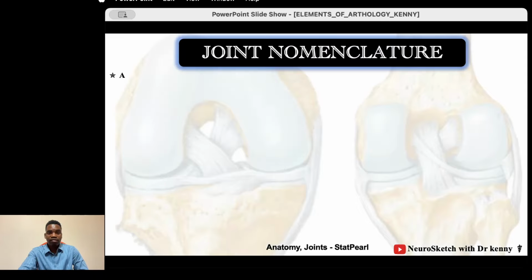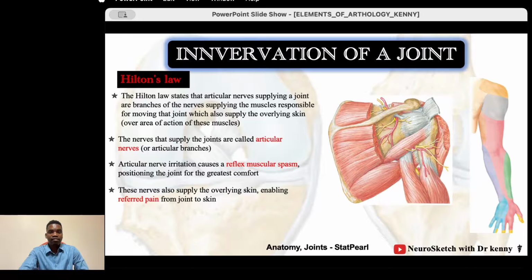And maybe we can talk about the innervation of a joint. The innervation of a joint is governed by Hilton's law, and Hilton's law states that the articular nerves supplying a joint are branches of the nerve supplying the muscles responsible for moving that joint, which also supplies the overlying skin, the skin that covers the joint.